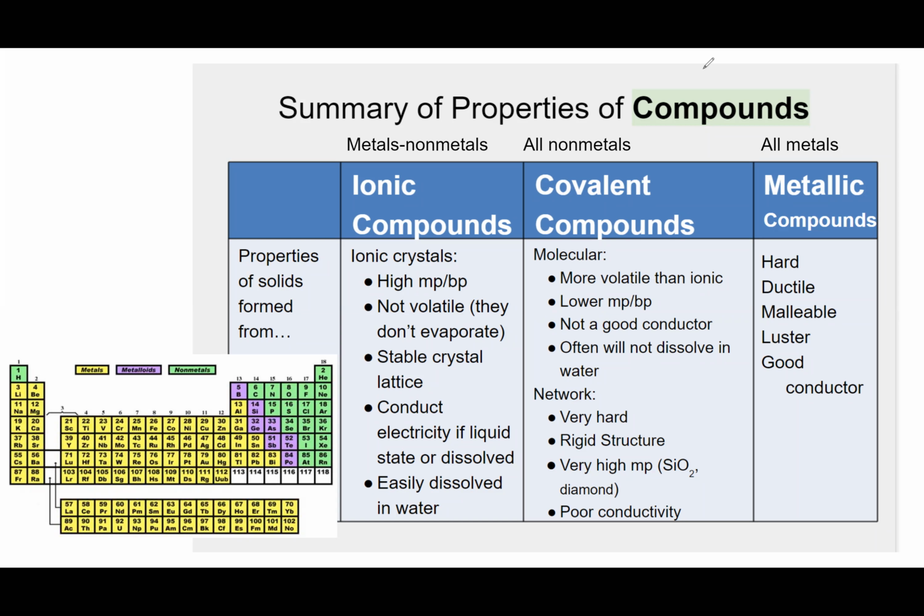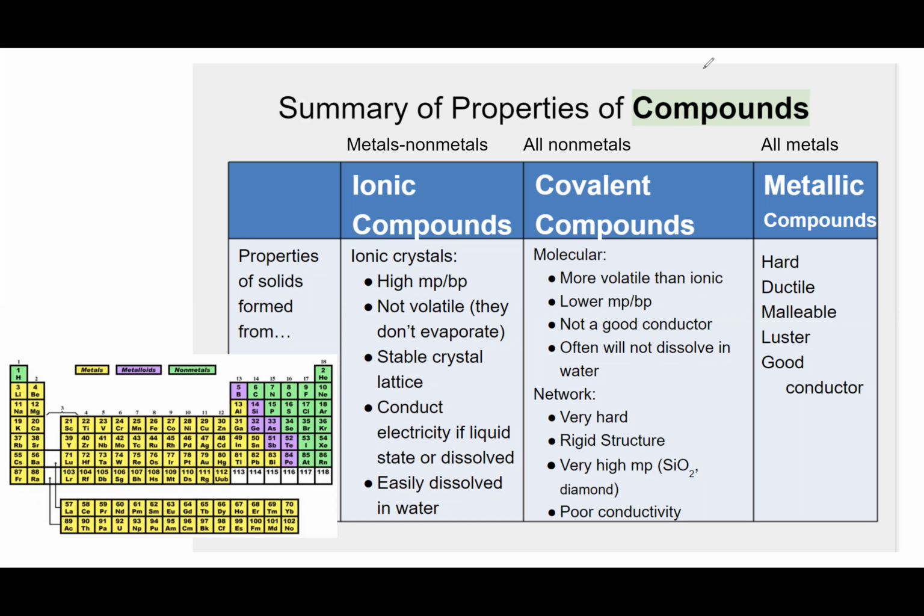And I put this periodic table here to remind you that the yellow ones are metals and the green ones are nonmetals. If the metalloids are bonded to a nonmetal, usually it's considered a covalent compound. They're kind of weird in-betweens. Happily, there aren't too many of them, but usually they're considered covalent compounds.